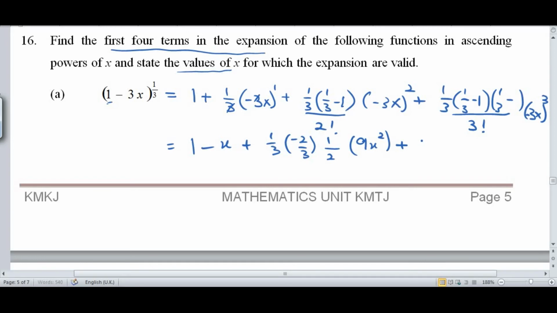And then you have 1/3, negative 2/3, and then 1/3 - 2 gives you negative 5/3. And 3 factorial you can write as 1/6, and then (-3)^3 is negative 27x^3.